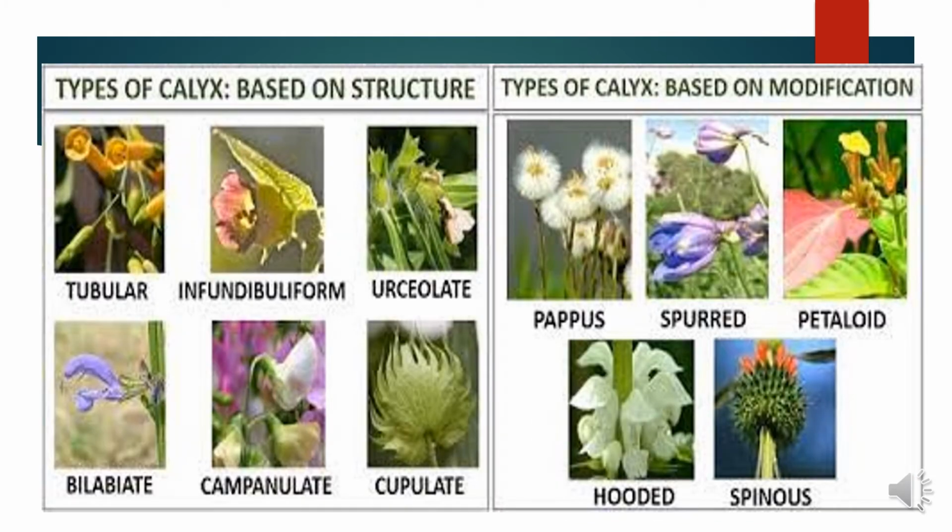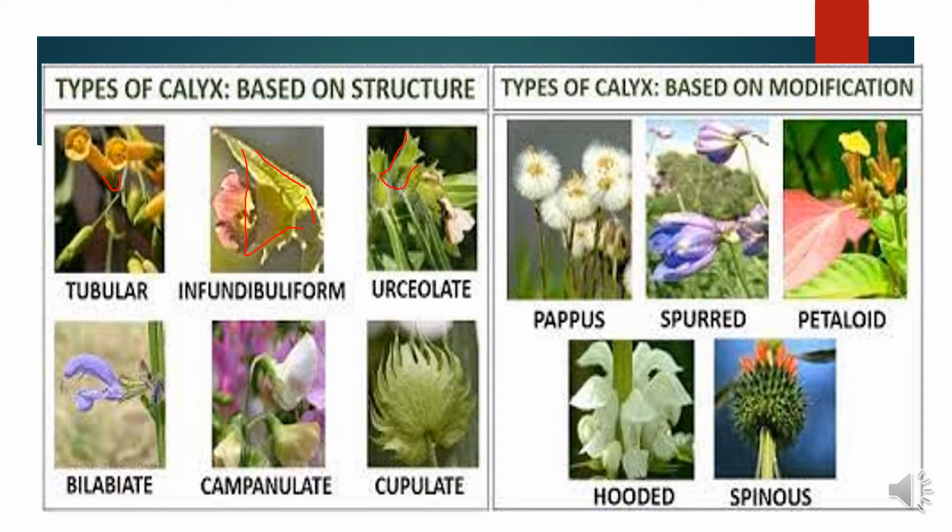So, calyx, according to its modification or structure, can be tubular, tube-like, as in Nicotiana. It can be funnel-shaped, that is infundibuliform. Here we see it can be an urn-shaped structure, that is urceolate.